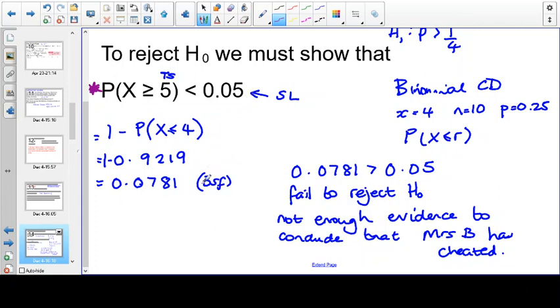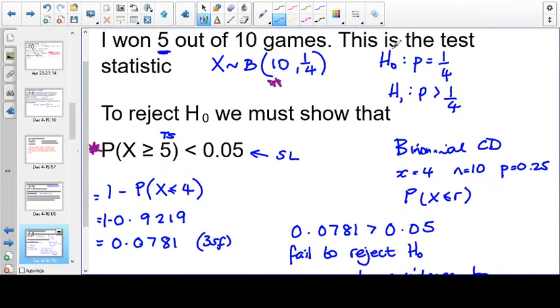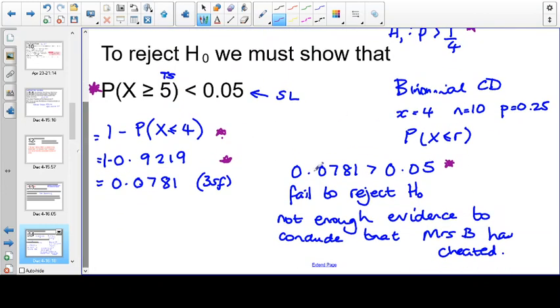You'll get marks for your calculation, probably 1 for that, 2 for that, 2 for that, 1 for making a comparison between what you've calculated and the significance level, and 1 in this case for saying whether you're going to fail to reject the null hypothesis or whether you're rejecting. Then, because it's in a context, you need to put something about it being in a context.